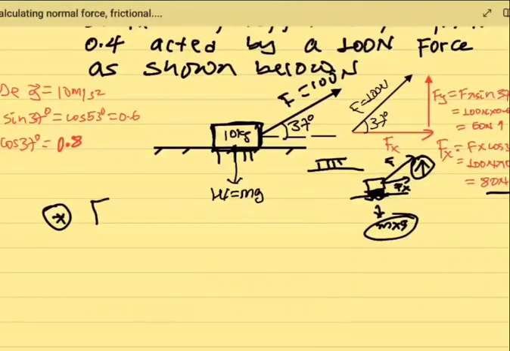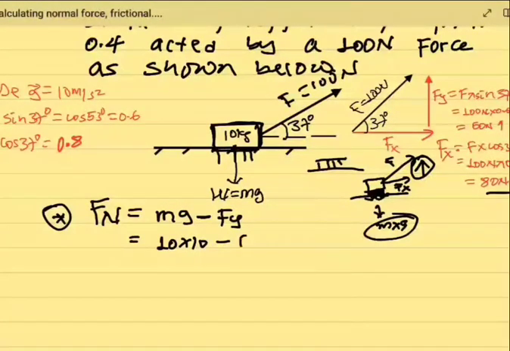So the normal force, the force that is perpendicular to the surface, this time is equal to the downward weight, the attaching force, minus the y component of the force, the detaching force Fy. The weight is the mass, 10 kg, times gravity, 10, and Fy is already calculated, 16 Newton.